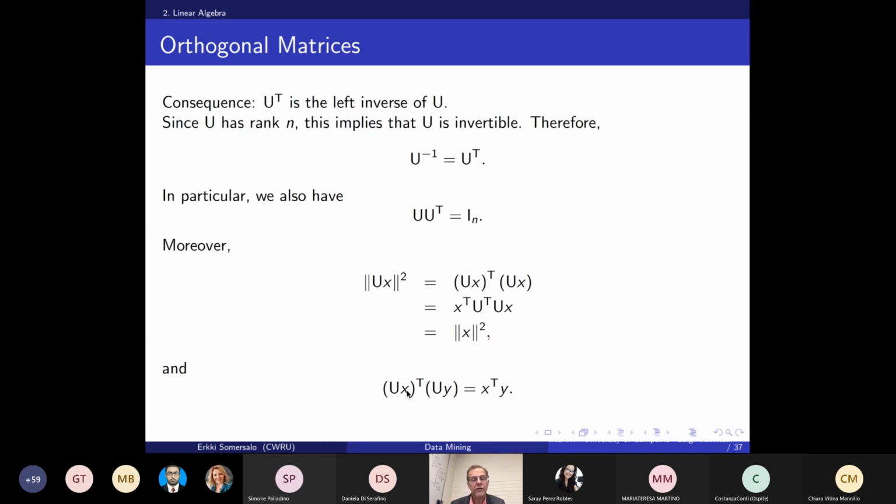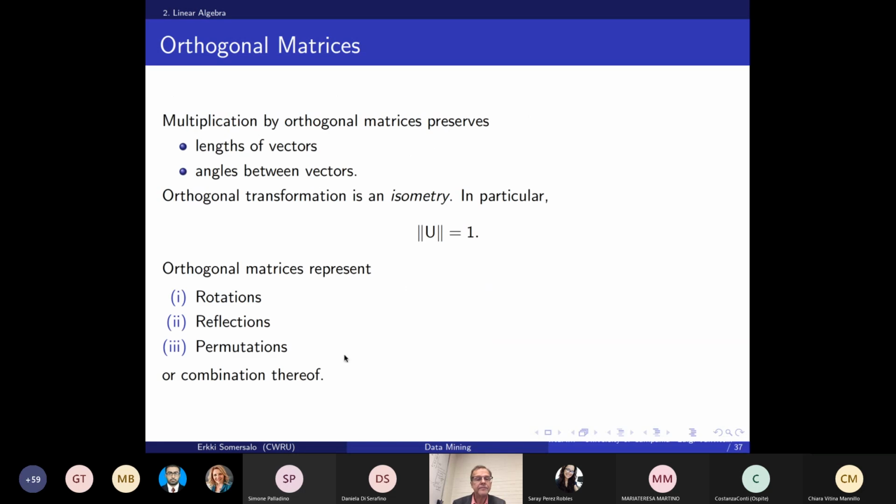Not only that, but the orthogonal matrix also retains the inner products of two vectors. So if I have x and y, then the inner product of ux and uy is the same as the inner product of x and y. So the inner product doesn't change if I multiply both vectors by the orthogonal matrix. And basically that is another way of saying that the orthogonal transformation is an isometry.